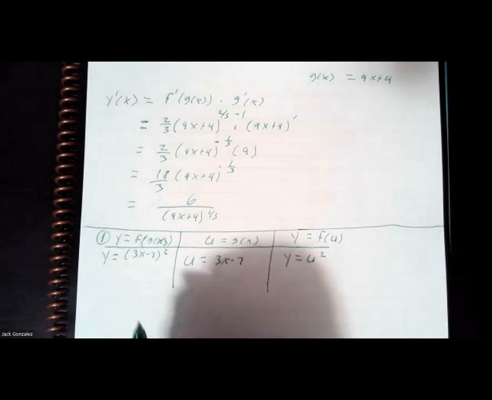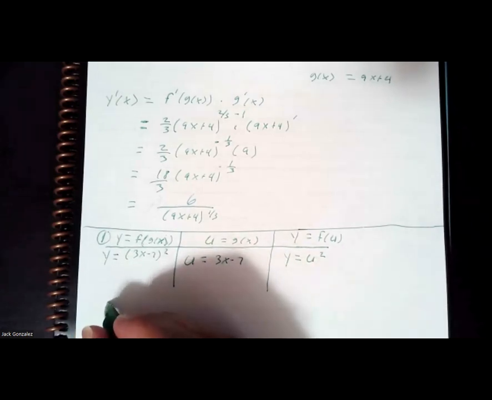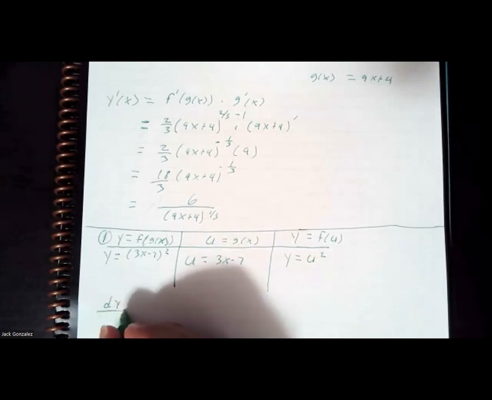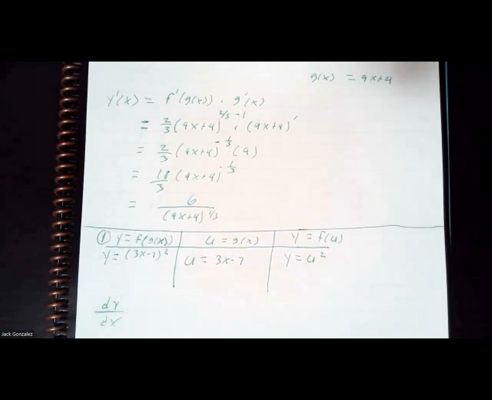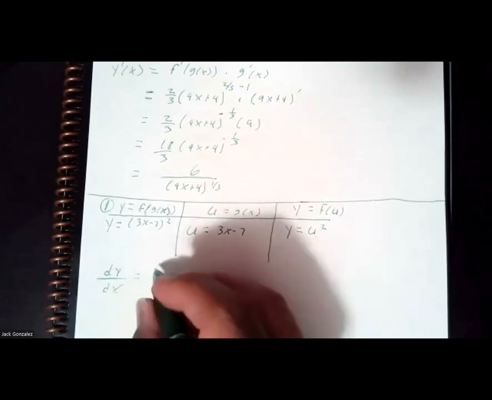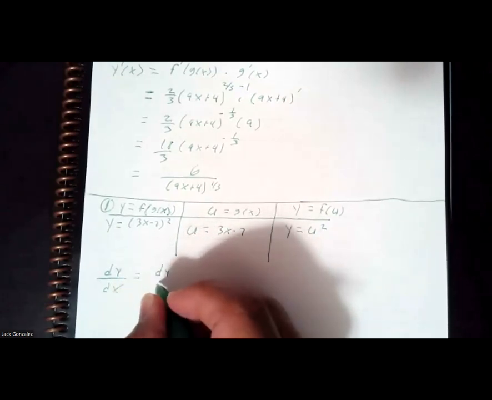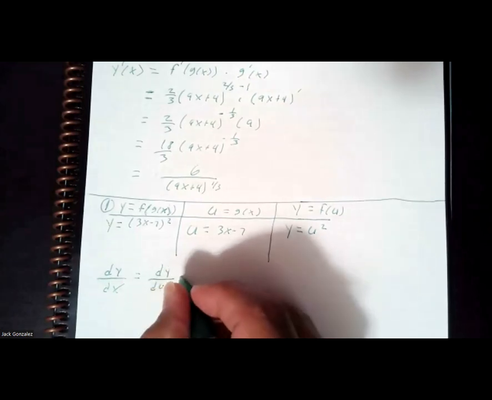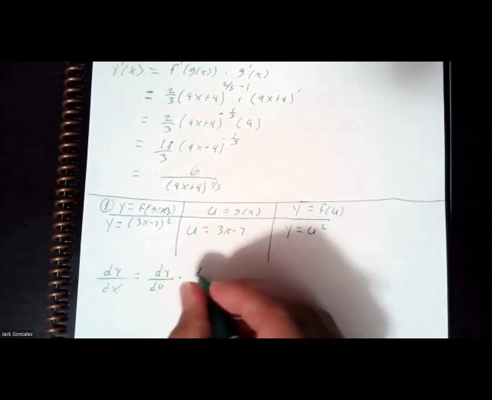So finding the derivative, they didn't ask us to do it, but if we want to find dy dx, that would be equal to the derivative of y with respect to u times the derivative of u with respect to x.